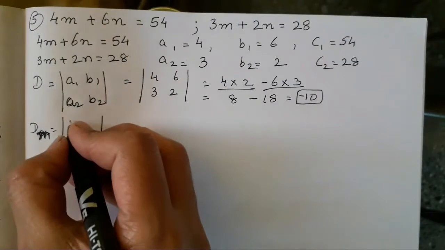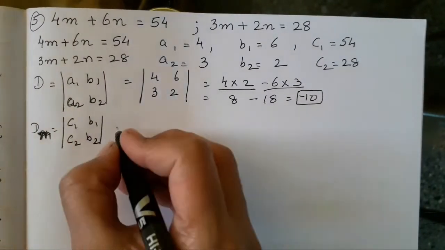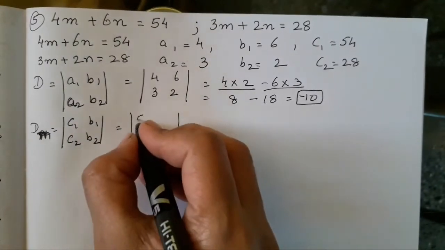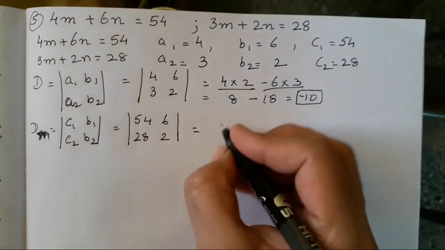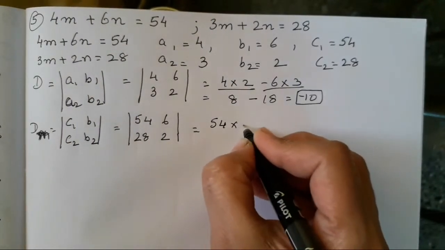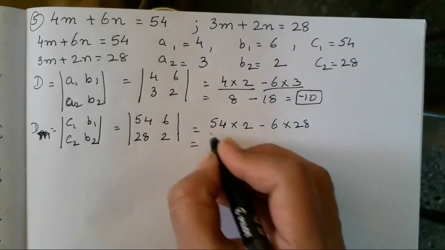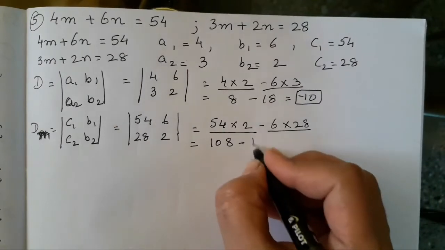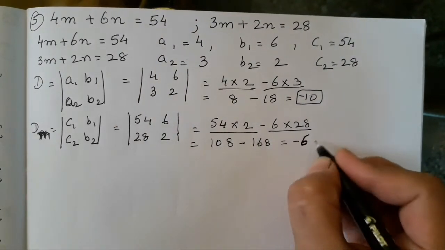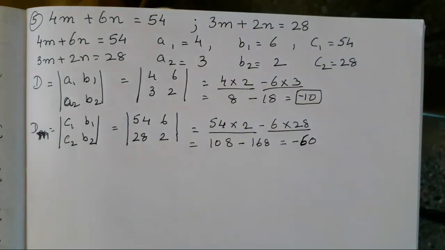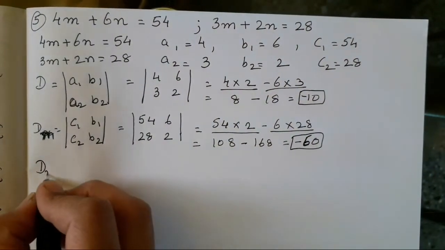So take m, c1, b1, rest everything is same, is equal to 54, 6, 28, 2. Okay, so 54 into 2 minus 6 into 28 is going to be 108. When you multiply this, it's going to be 168. Subtracted answer is going to be 60. Okay, now dn you all have to find.